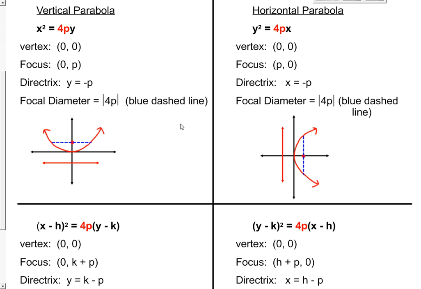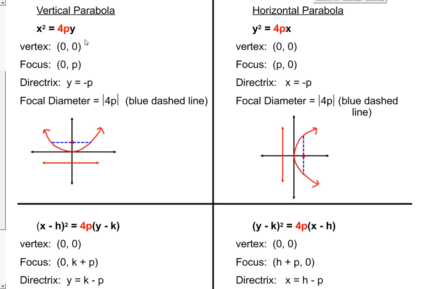And the focal diameter tells us the width of the parabola going through the focus. So that 4p value as a positive number, because it's measuring distance, is the focal diameter. That value, whatever it might be, is the length from one side of the parabola through the focus all the way to the other side of the parabola.